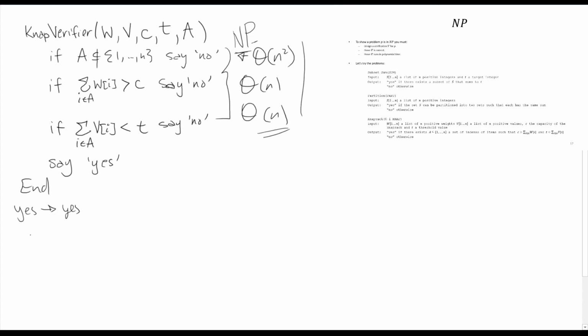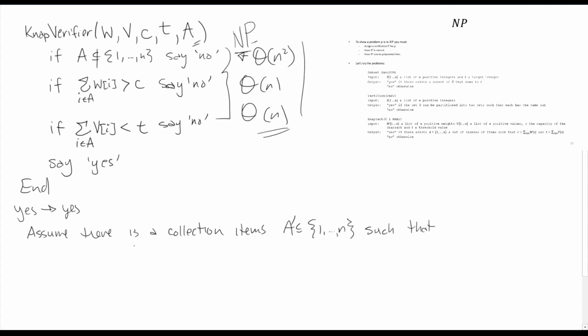Yes implies yes. And again, I'm going to do this here for my knapsack problem, so I'm going to assume that I have a yes instance, or that I should say yes. So what does that mean? Assume there is a collection of items, and I'm going to be strategic here, and I'm going to give it a name, but I'm going to call it A prime, because in a second I want to talk about what A is going to be.